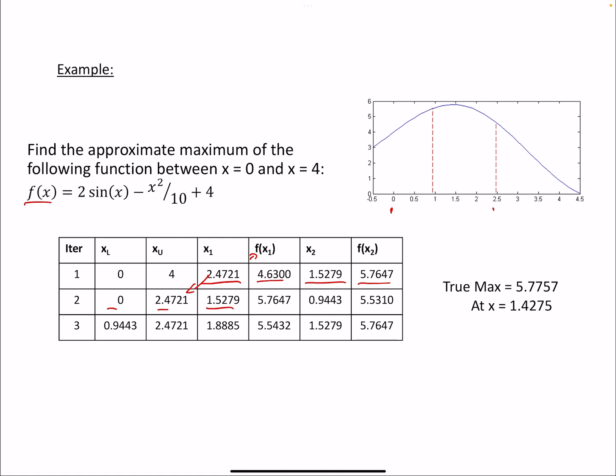We compute f of x1 and f of x2, and we do the same test again. In this case, f of x1 is still lower. So once again, we update the interval accordingly, and we keep moving along with these ideas.